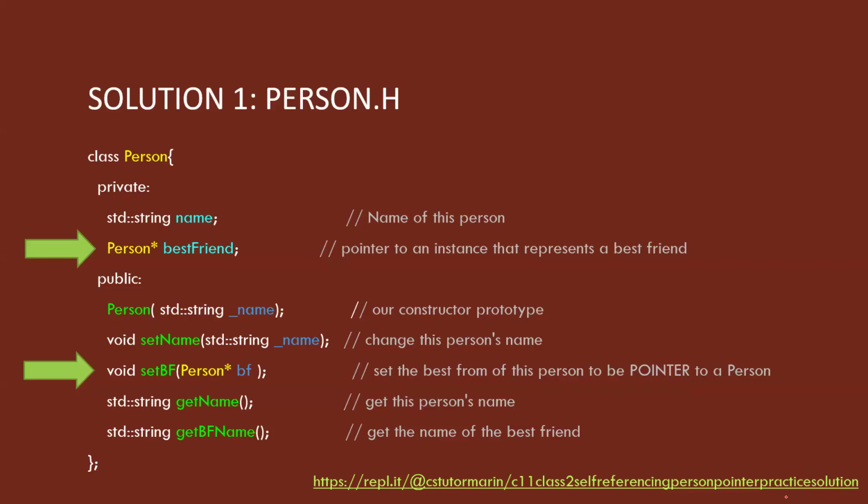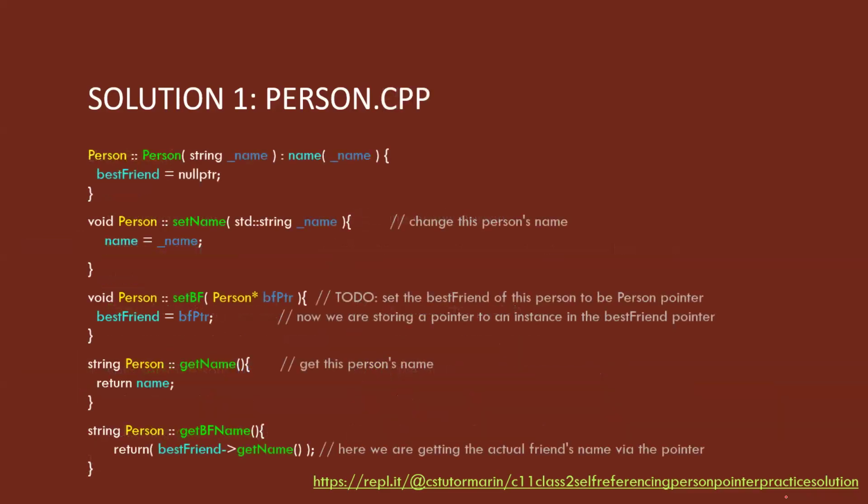Thus the star on that argument BF. And then set BF is the same. Okay, so there's our null pointer. Notice that it's probably a good idea not to assume too much in your constructor. Go ahead and set that thing to null until somebody comes along and adds a best friend, okay?